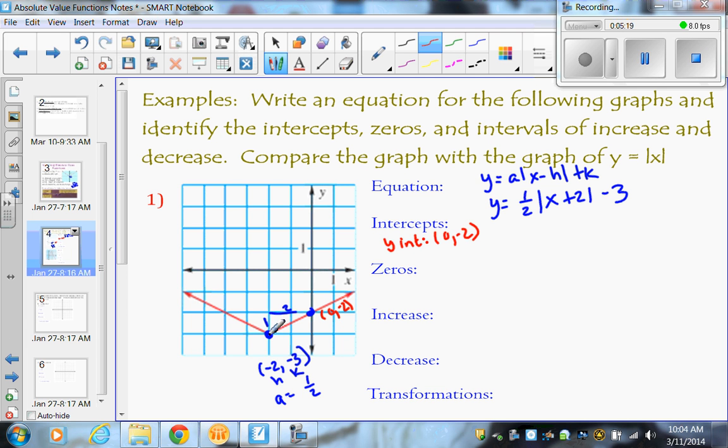So in this case, if I go up 1 to the left 2, up 1 to the left 2, up 1 to the left 2, it crosses right here, which would be at -8. And now do the right-hand side. So up 1 over 2, up 1 over 2, up 1 over 2 would put me right here. So that's at 4.